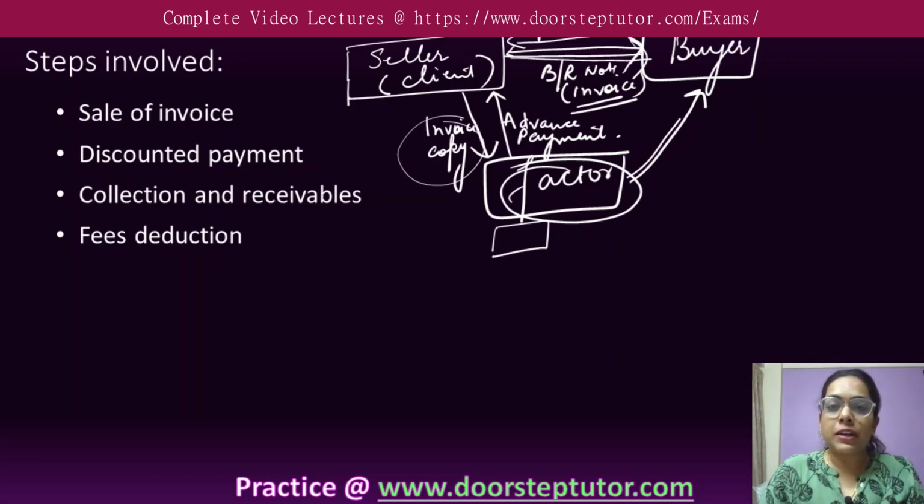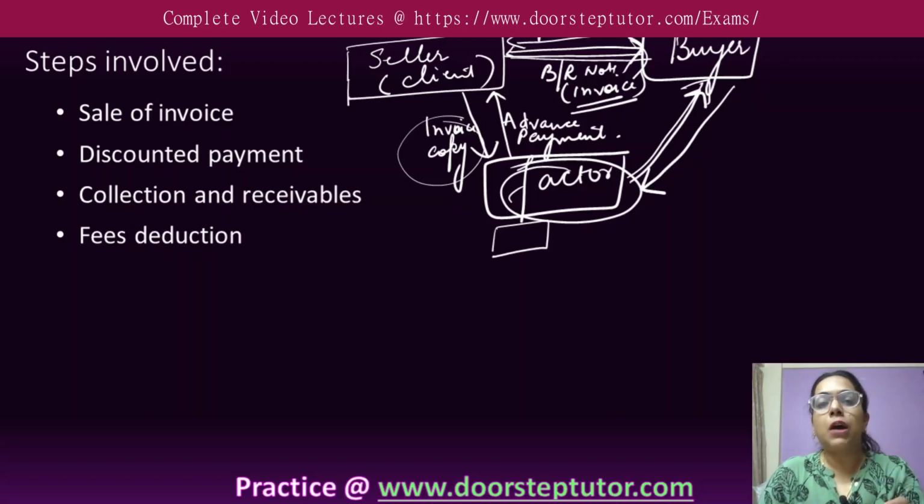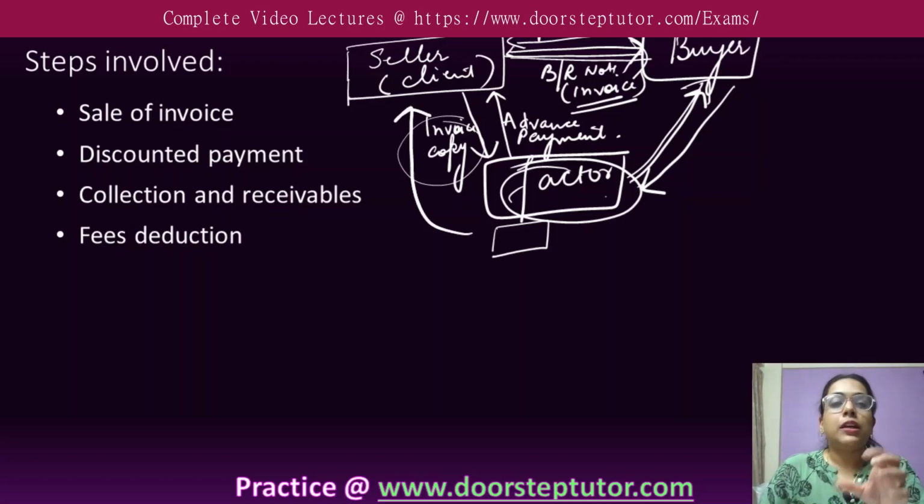The buyer will pay the factor the total amount specified in the invoice bill, and the factor will pay the rest of the amount to the seller at the maturity date.